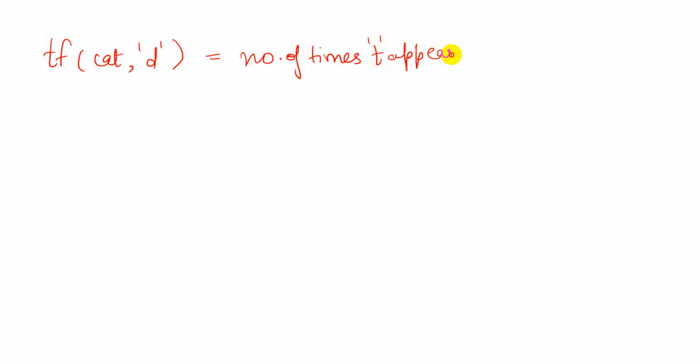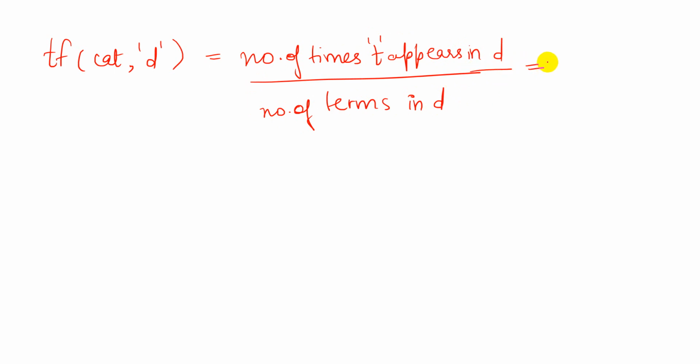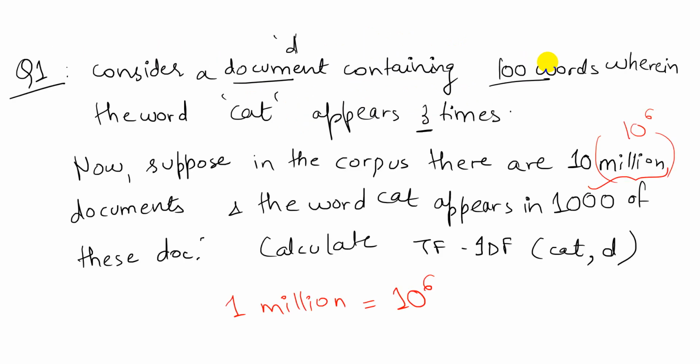So, let us first calculate the term frequency of cat in the document D. It says the number of times T appears in D upon the number of terms in D. How many times does the word cat appear in the document? 3 times.